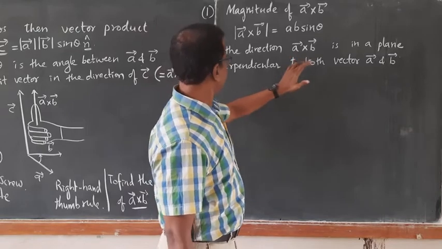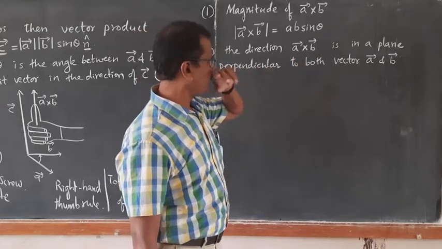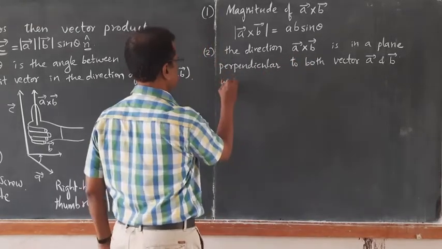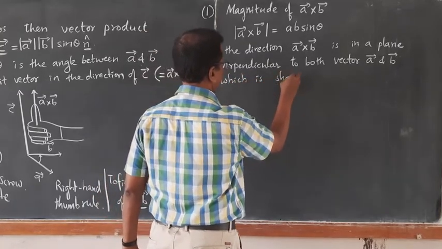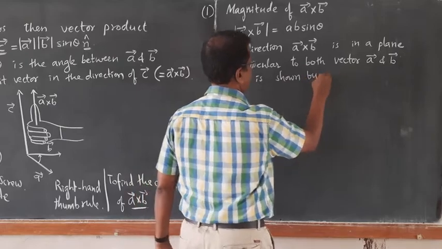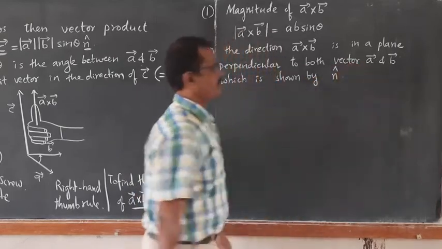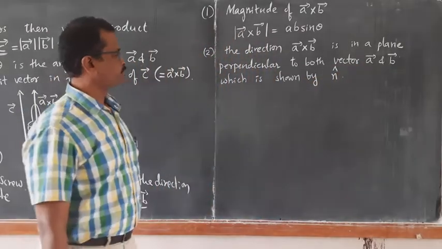It is in a plane perpendicular to both A and B, which is shown by n cap, unit vector n cap.